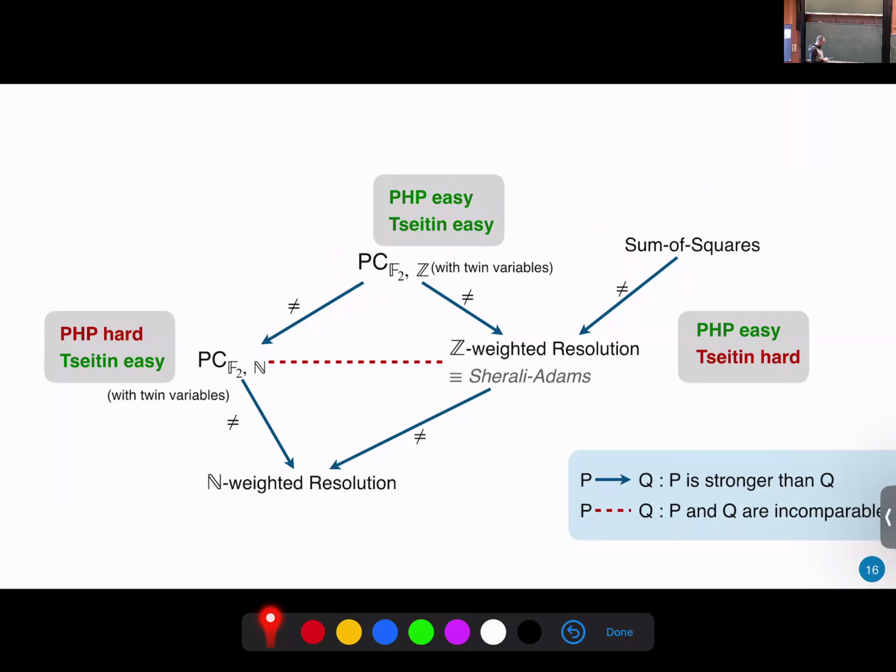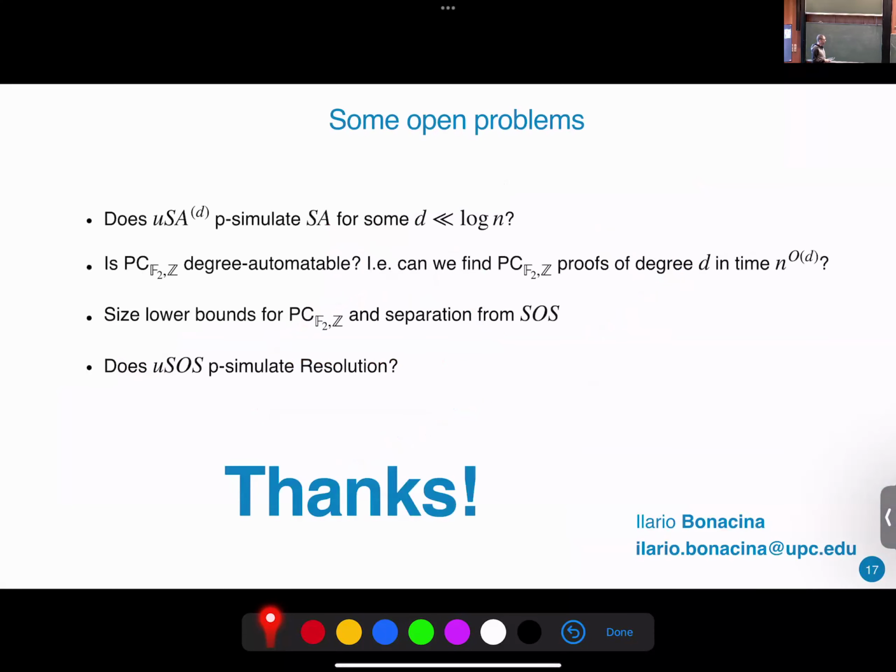Yeah, so I wanted to spend the last 3-4 minutes to say some open problems and motivate them. So the first one was about this unary version of Sherali-Adams. So there is this Sherali-Adams using formulas of some depth instead of clauses. So now, is it perhaps possible that you have a unary version of the system?